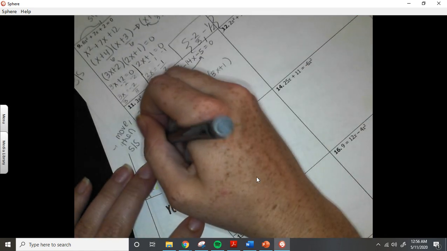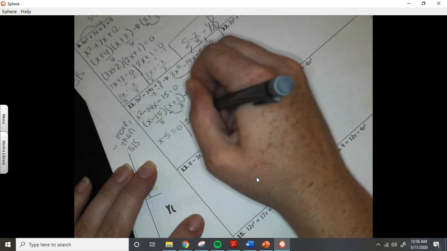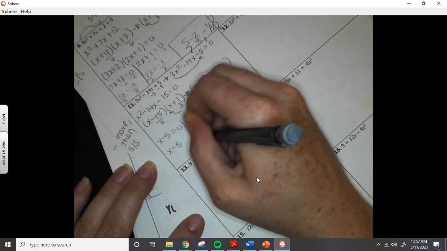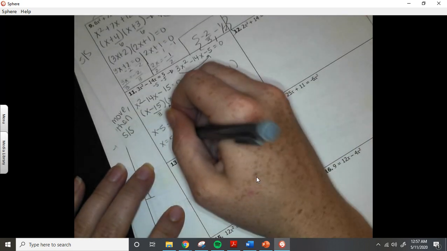All right, so x minus 5 equals 0, 3x plus 1 equals 0. x equals 5 on this one, and x equals negative 1/3 on this one.